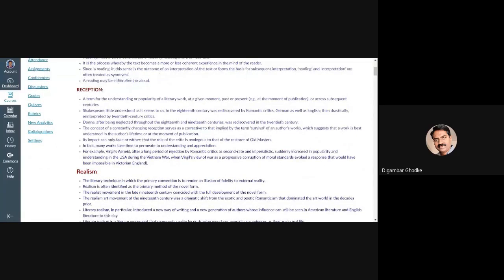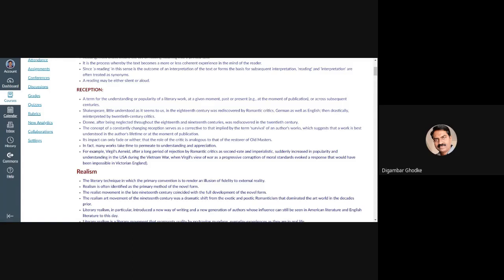Reception is the term used for the understanding or popularity of a literary work at a given moment, either past or present. It is when the book is published or across subsequent centuries as well. For example, we have been reading William Shakespeare and other English writers of the 16th century, 17th century. So it is a kind of understanding or popularity of a literary work in a given time, maybe in the past or present.